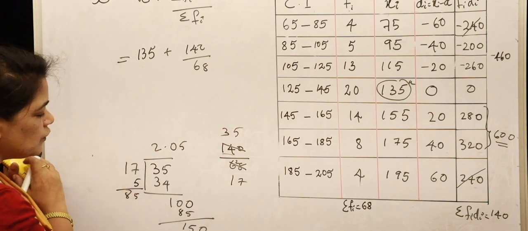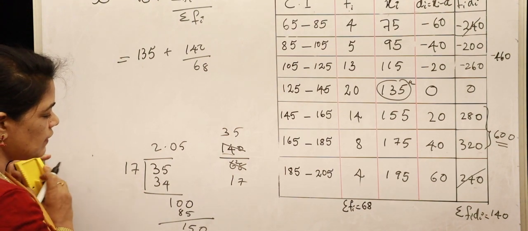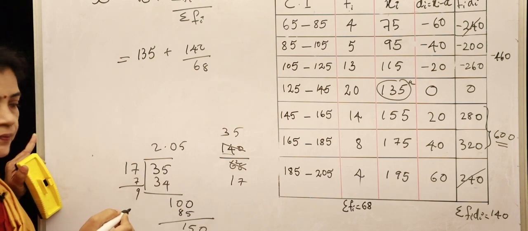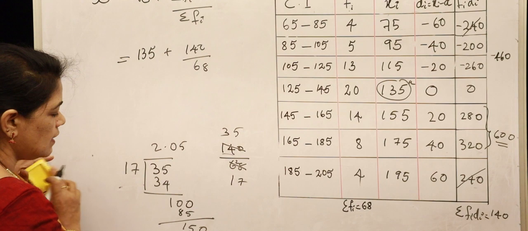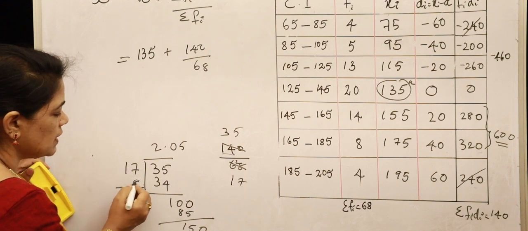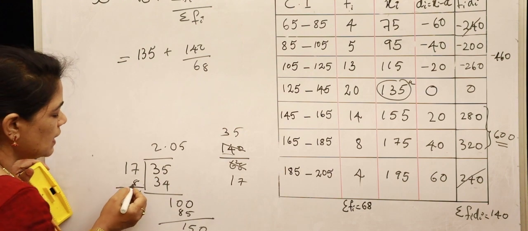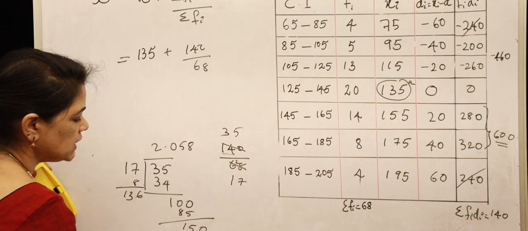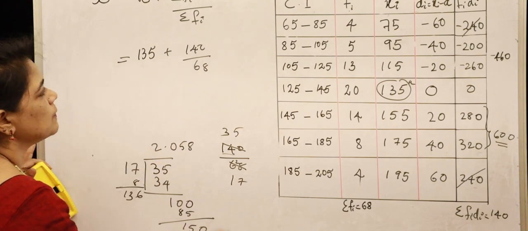So in 150, 17 into 7, 49, 4 carries. Here we can take 8, I think. In 8, that is 56 and 5 carries, and 30, that is 8 times, that is 136. This is enough, 14 is the remainder.